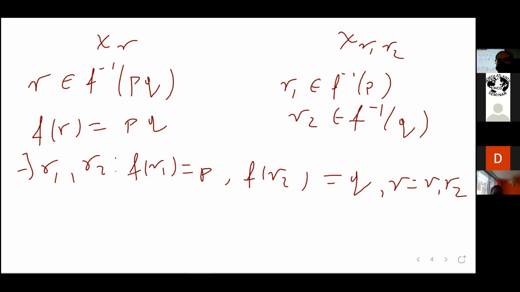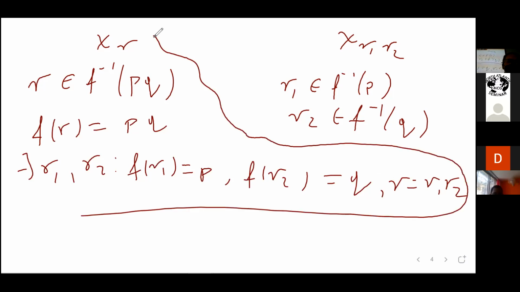Okay, so that's, I guess, the end of the reasoning, because you see that this sum over here boils down to taking all paths R1 and R2 such that f of R1 is P, f of R2 is Q, and R is R1 times R2. That's what happens in that sum.